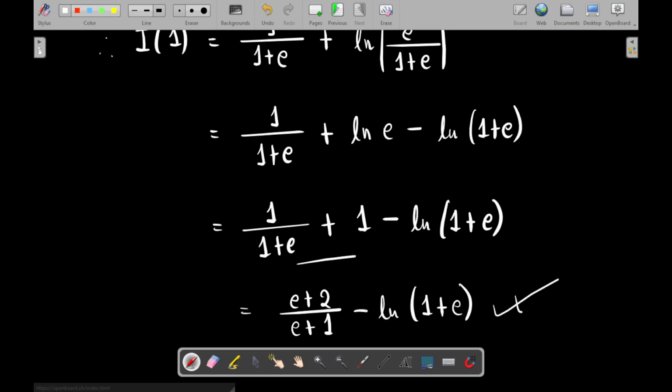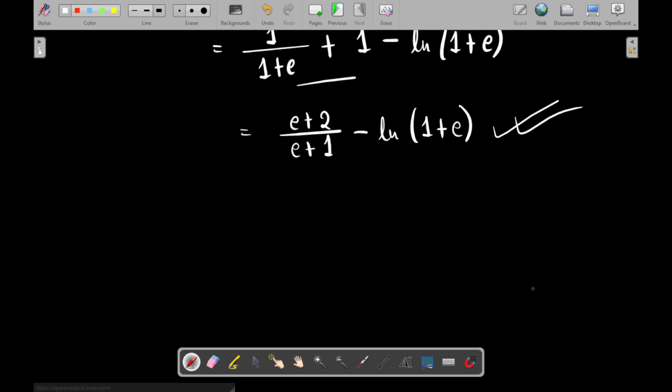So this is the required answer. In this question, in the four options given, I think these fractional values were changed, and before this logarithm it was like plus ln this minus ln this, or it was (e − 2)/(e + 1), something like that. The four options were very similar, the structures were something like this.